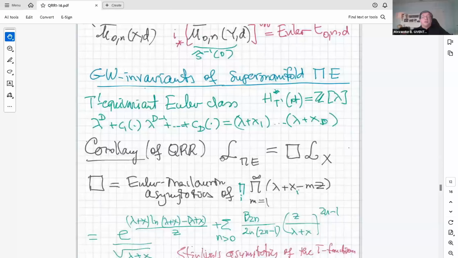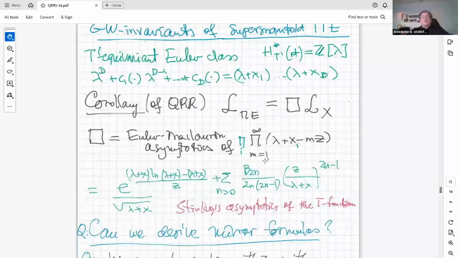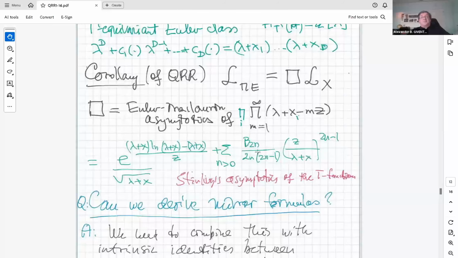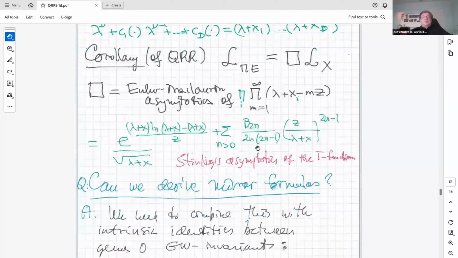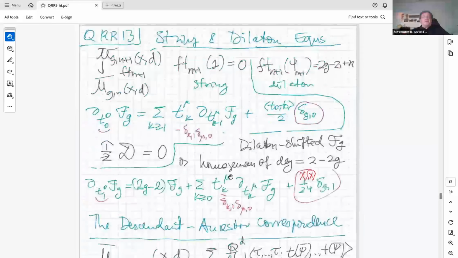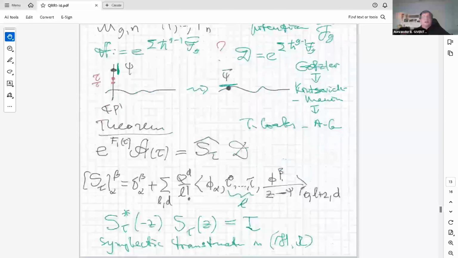It's related by some transformations. But when we try to apply it to extract some consequences predicted by mirror symmetry, we seem to have no progress at all. And so the plan is to employ the intrinsic properties of genus 0 Gromov-Witten invariants, intrinsic identities which are there.